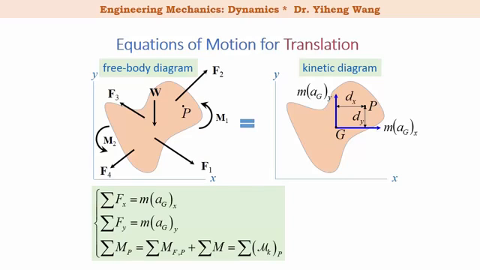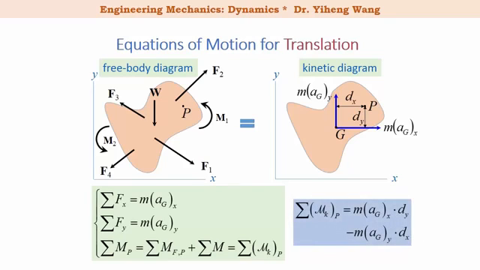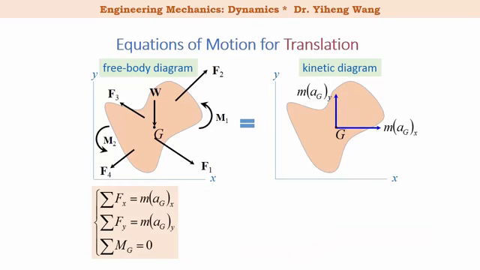Therefore, in the equation of resultant moment about point P, the kinetic moment about point P only includes the moment caused by the two inertia forces m a_Gx and m a_Gy. Or, once again, if the resultant moment is summarized about point G, the mass center of this rigid body, then the resultant moment simply equals 0.